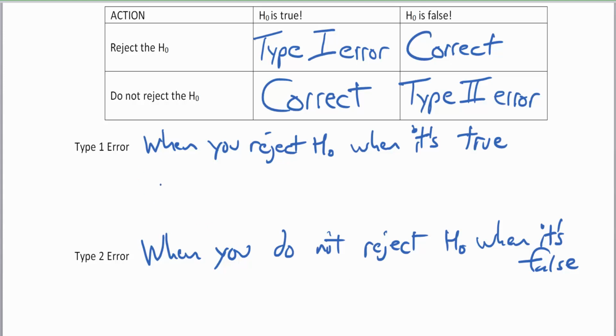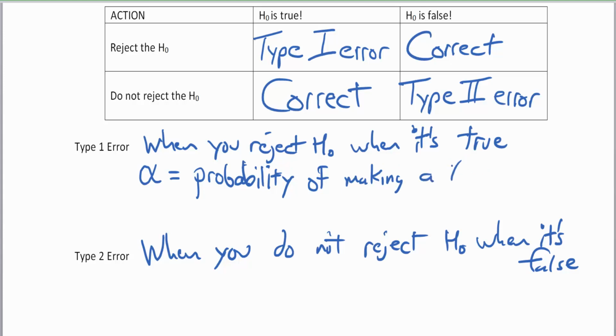Now, there's a Greek letter that's associated with the type 1 error, and that's alpha. We've seen alpha before, haven't we? We've seen alpha before in our confidence intervals. So let's now talk about the alpha again. The alpha is the probability chance of making a type 1 error.